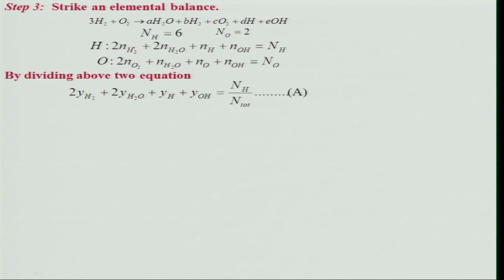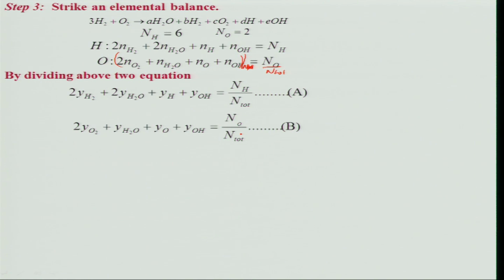If I divide this equation for H, I will get 2YH plus 2Y water plus YH plus YOH equals NH by N total. And similarly, when I divide this by N total, I will get 2YO2 plus YS2O plus YO plus YOH equals NO divided by N total.